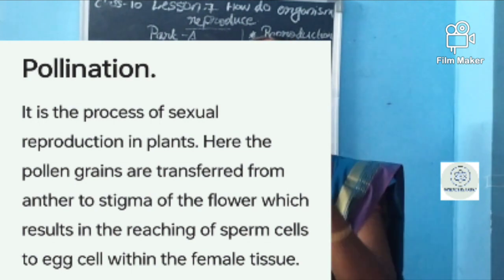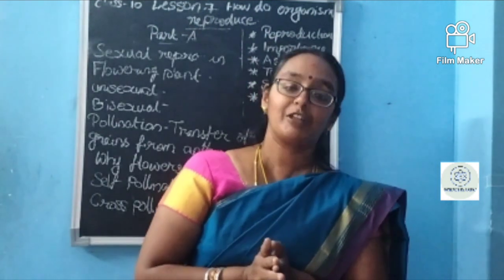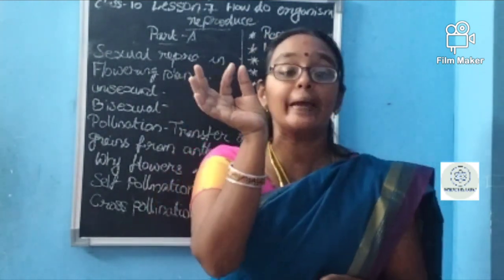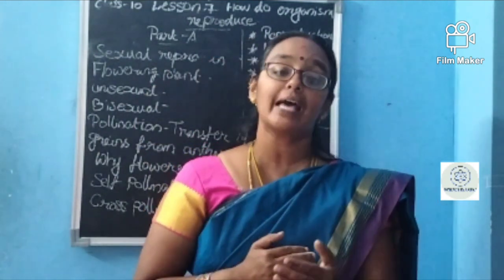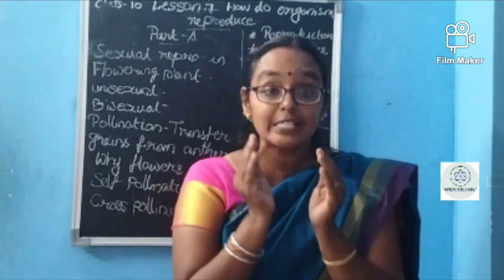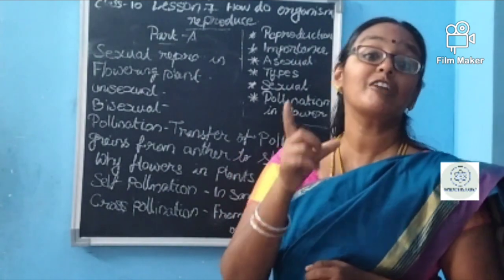For that purpose, this attractive flower is present in every plant. So what will happen? The male gamete will get inside to the female gamete and fuse, and in the ovary the zygote or the seed will be created. Okay. For that the plants have flowers.